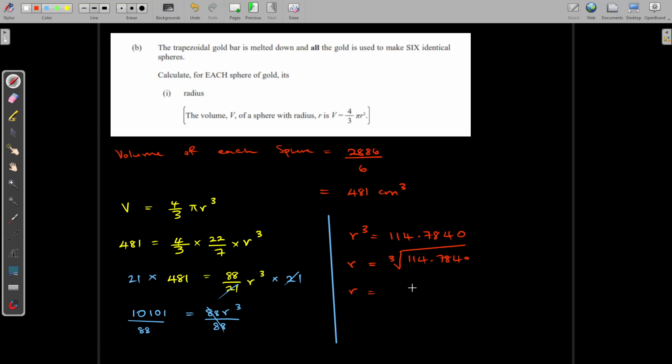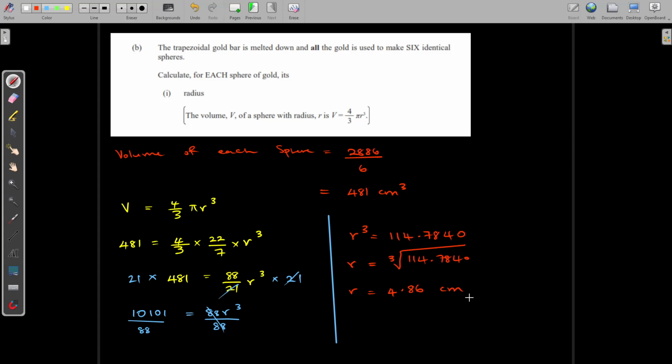So r is equal to 4.859, so 4.86. So therefore the radius of each sphere is going to be 4.86 centimeter. Alright, not bad.